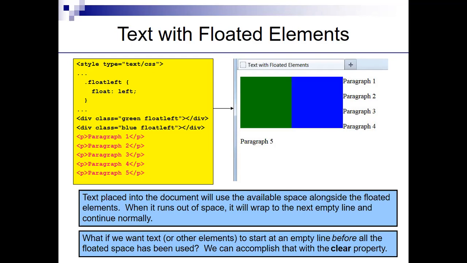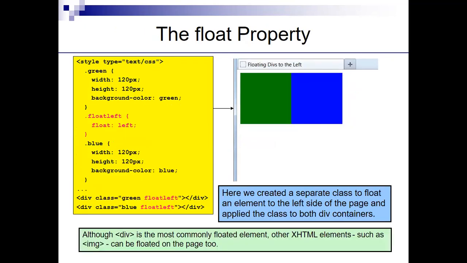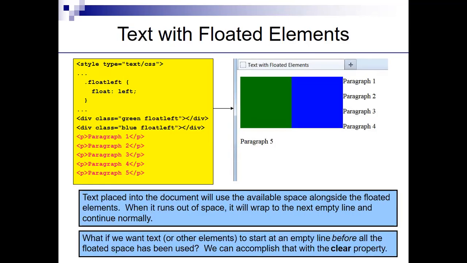Like let's say we have the float left, green, and also we have the various paragraphs 1, 2, 3. So how do you separate the various paragraphs the way they are shown, right?